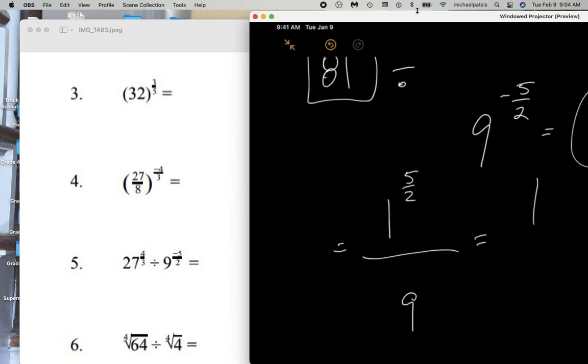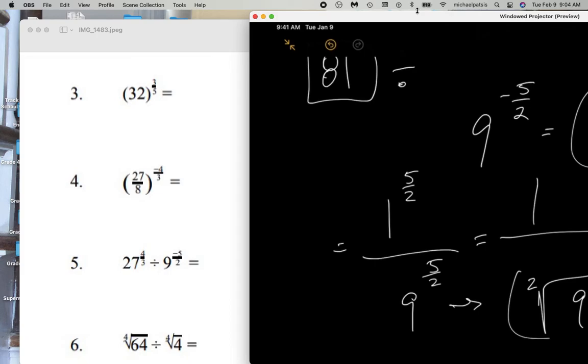So now we're going to look at 9 to the 5 halves power, which is in the denominator. This is going to end up being the square root of 9 raised to the 5th power. It's going to end up being 1 over 3 to the 5th power. And 3 to the 5th power is going to be 243. So it's 1 over 243.